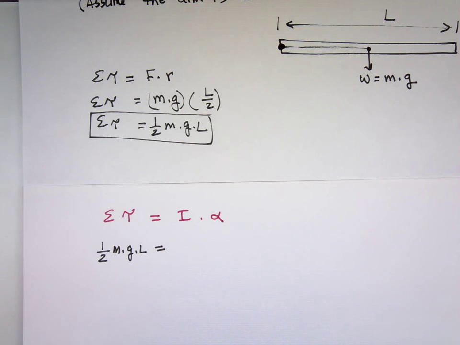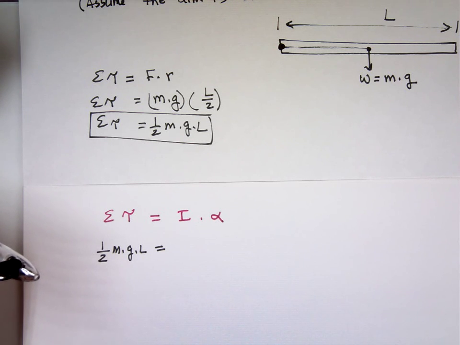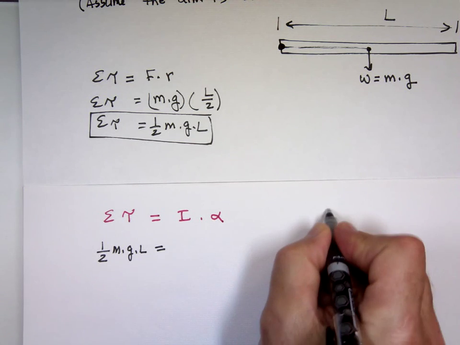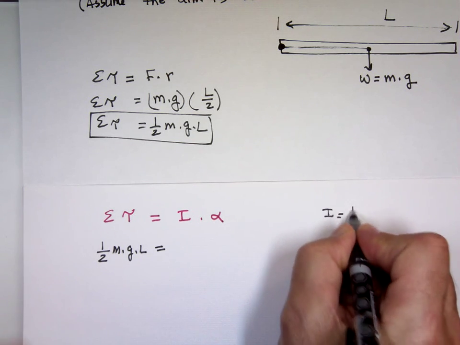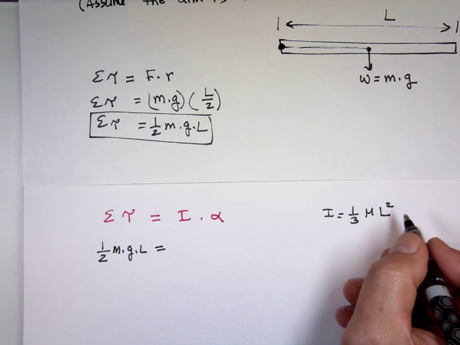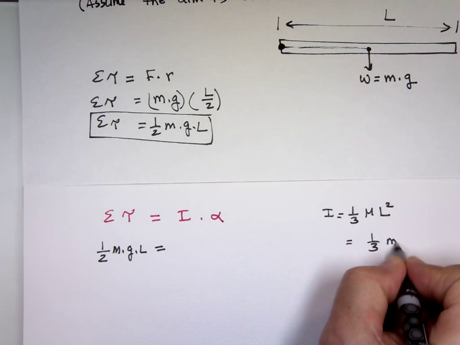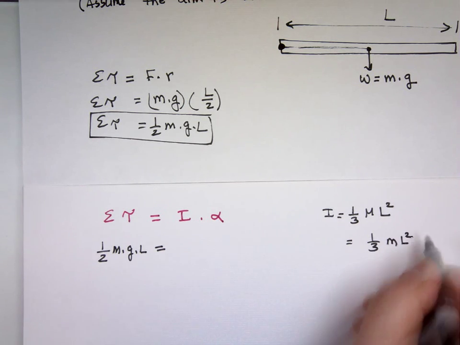Am I blind? Is it 1/3? Can't really see it. 1/3 ML squared. 1/12 is around the center. 1/3 ML squared. So the inertia from the book, it's 1/3 ML squared. The mass of the arm times L squared. So that's your inertia. Plug it in.